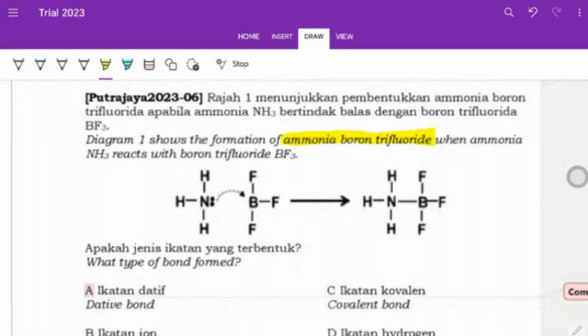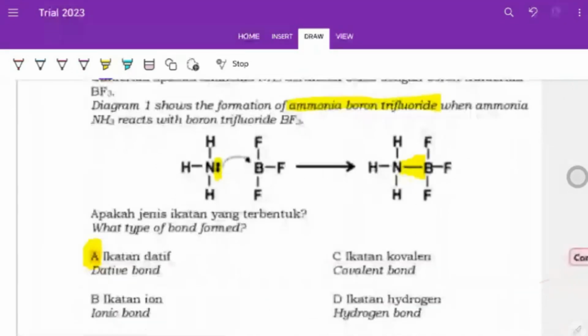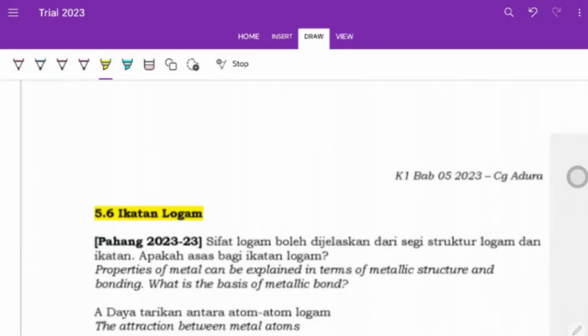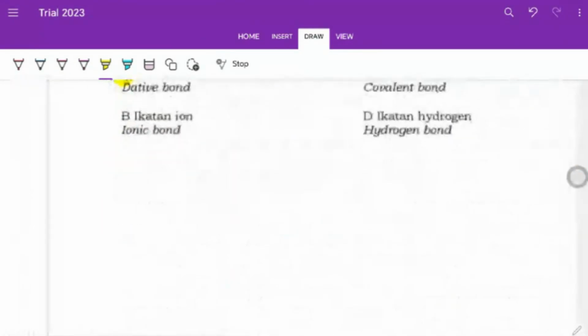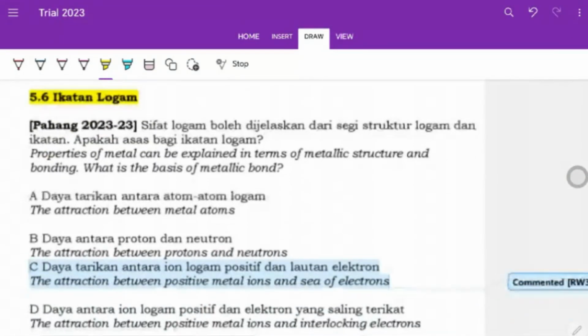Let's see here. If you see this one, it is contributed by the nitrogen here, so you form it. So this is a dative bond also. Any more? You see, not many questions can be asked for the dative bond.